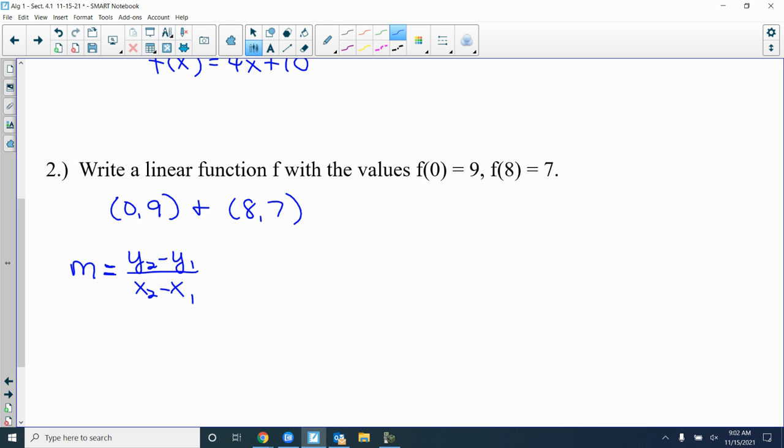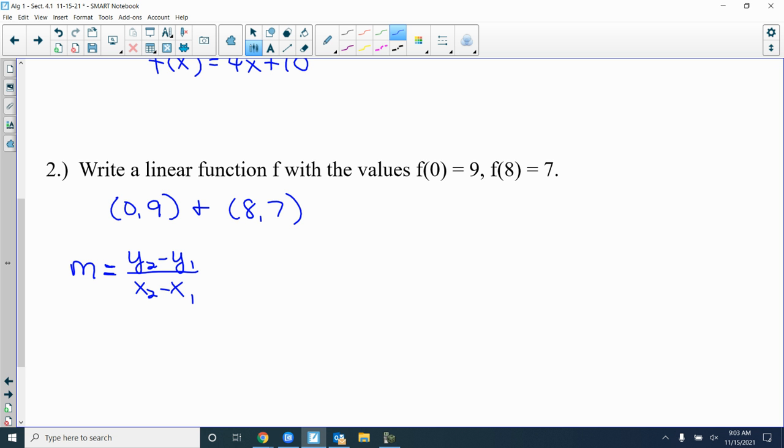Okay, now it reduces. That'll reduce. You did 9 minus 7. You gotta do the same order. You gotta do 0 minus 8. Is that it? Yep. Okay, all right, good. Because what happens is negative 8.